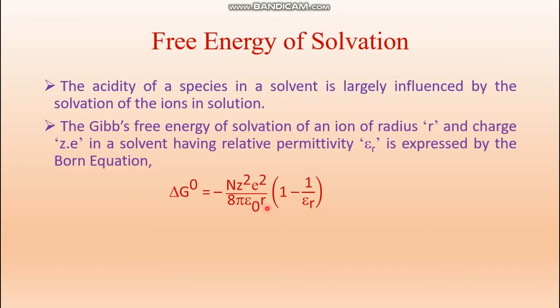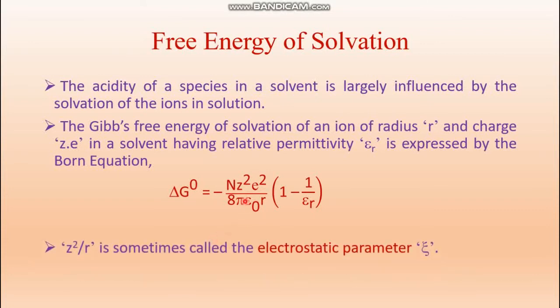It is clear from this equation that the more negative the value of delta G0, the more active the solvation taking place. That means solvation is favored by a negative delta G0 value for the interaction of the solvent with the acids or bases.